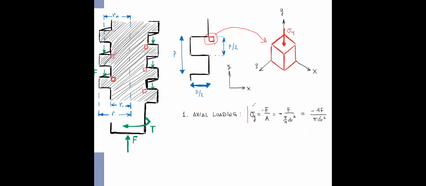Sigma y equals minus F divided by the area, where the area equals pi over 4 times dr squared. So the first loading or stress we discussed is the actual loading.